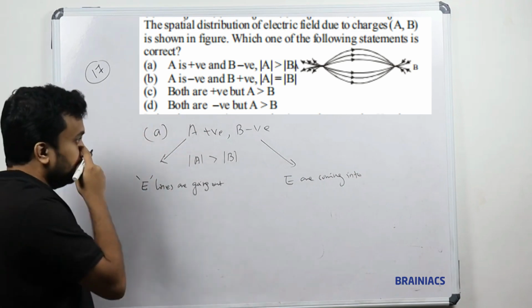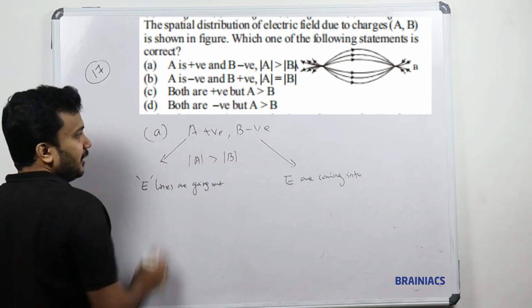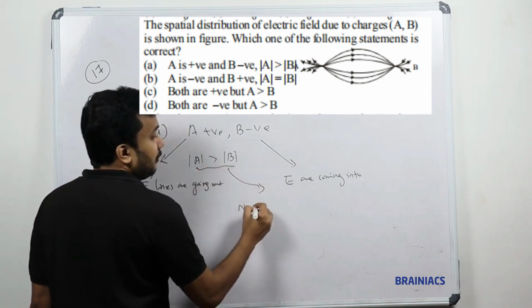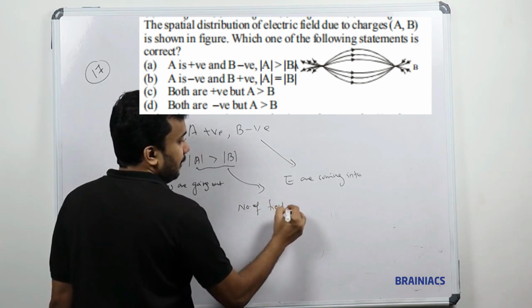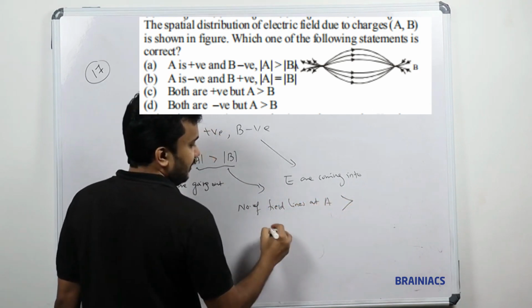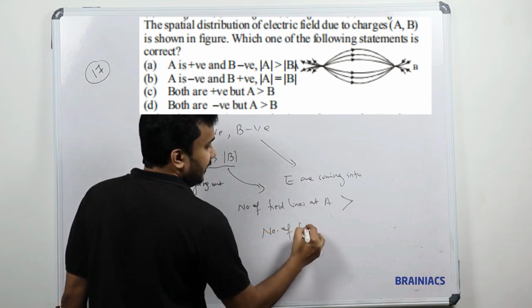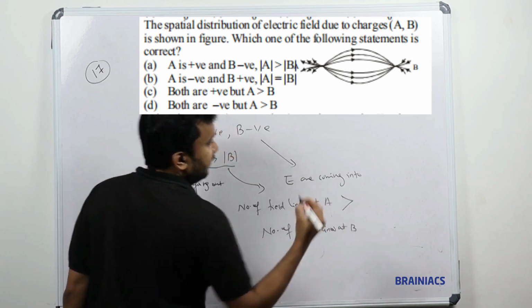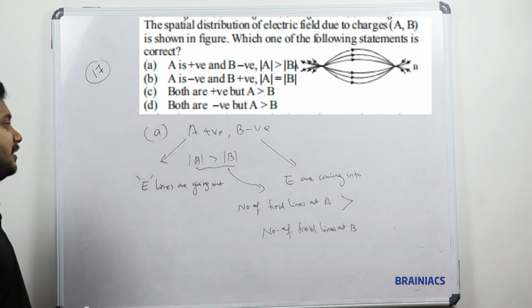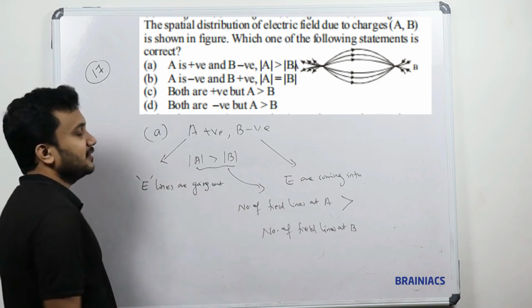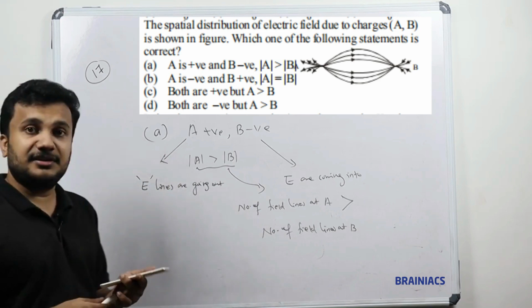Negative for one, positive for the other. Modulus of A is greater than modulus of B. What is the reason for this statement? Write down: the number of field lines at A is greater than the number of field lines at B. That's why option A is the answer for the 17th question.